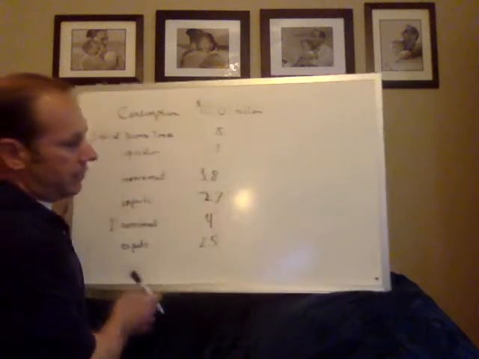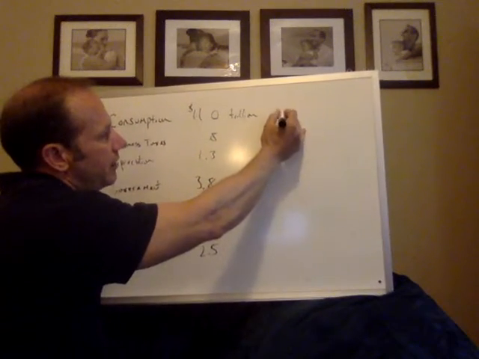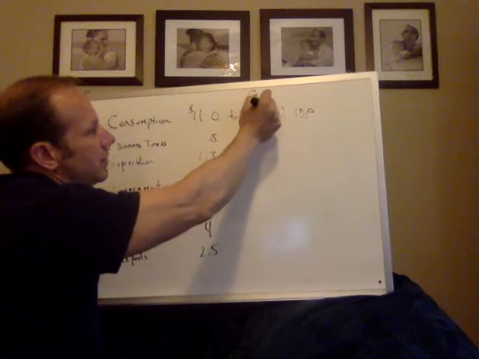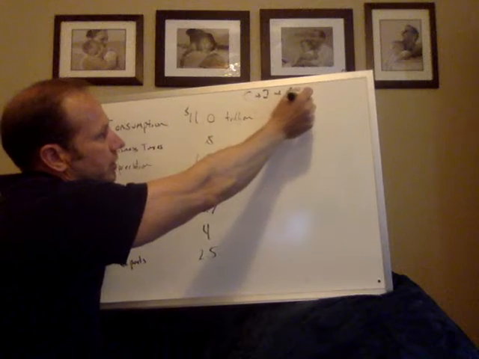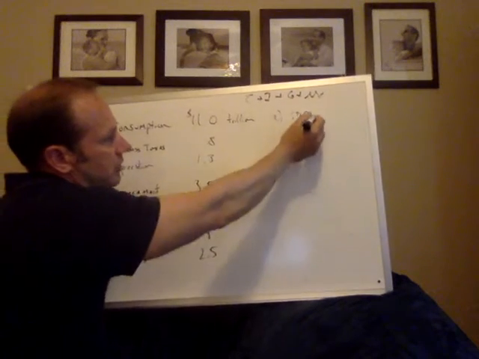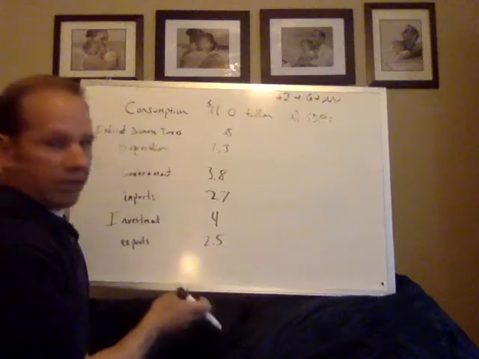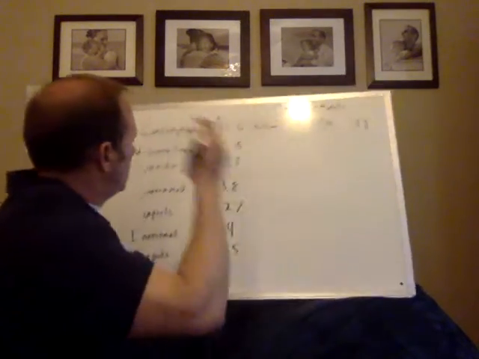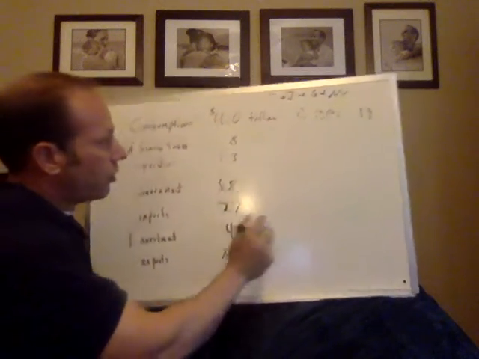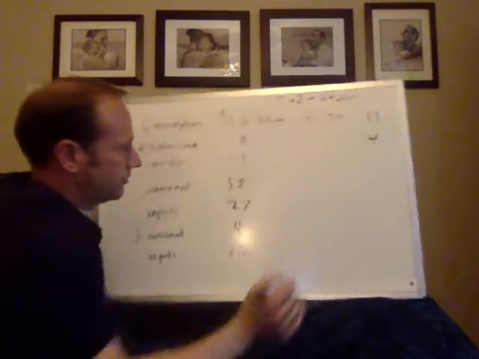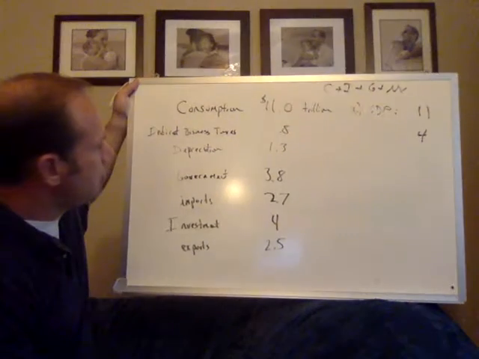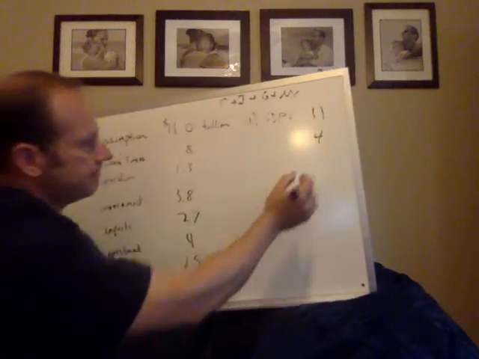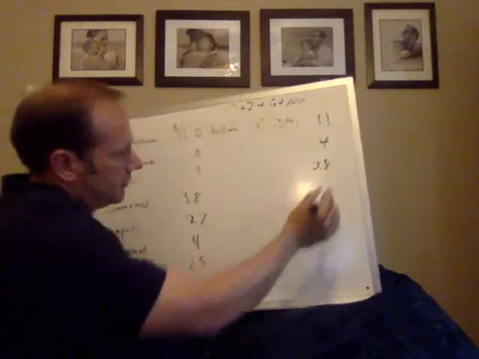So for A, for GDP, again, C plus I plus G plus NX. I'll have to work vertically just because I only have so much space. But C is 11. I is 4. That's investment. What's G? G is government. That's 3.8. And NX.